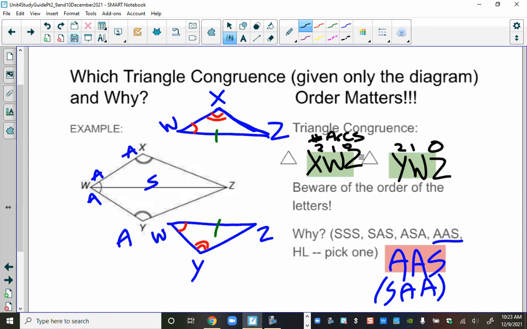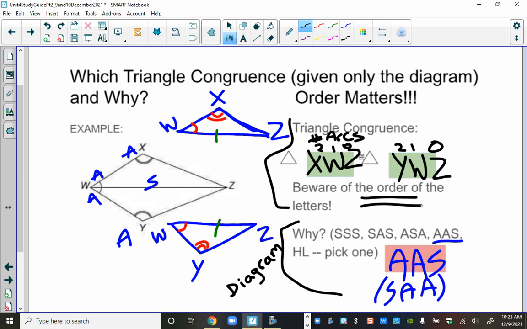Again, this diagram. Again, watch that order. Again, first triangle doesn't matter, but it does for the second. Okay, questions?